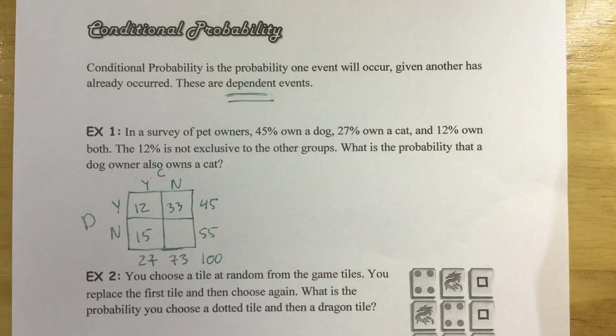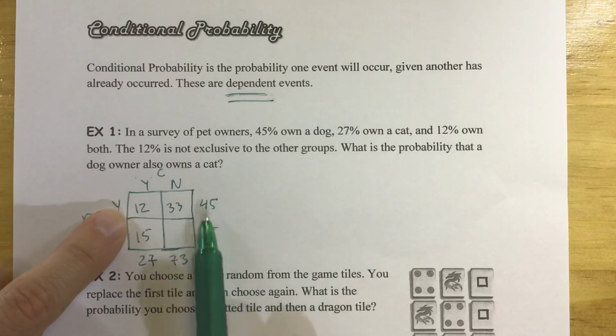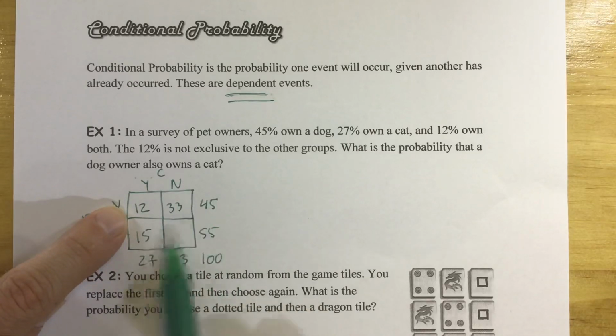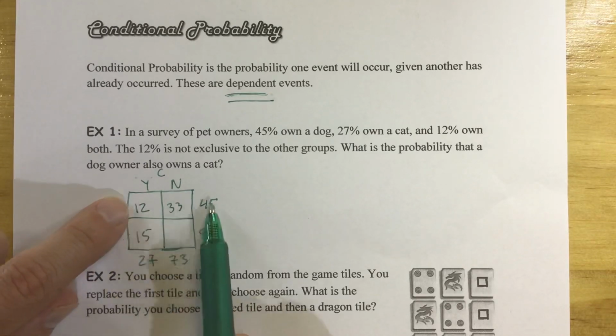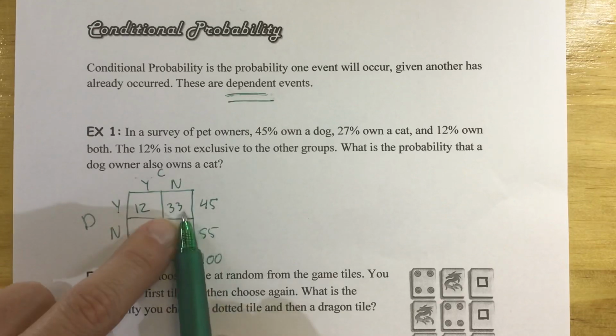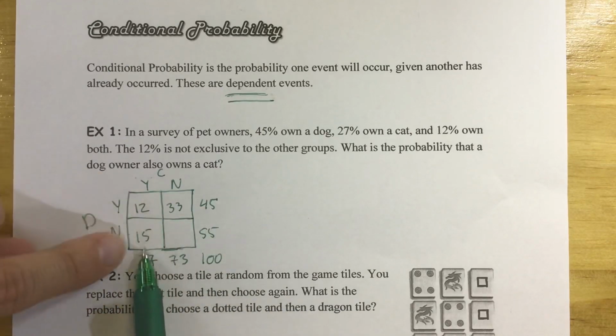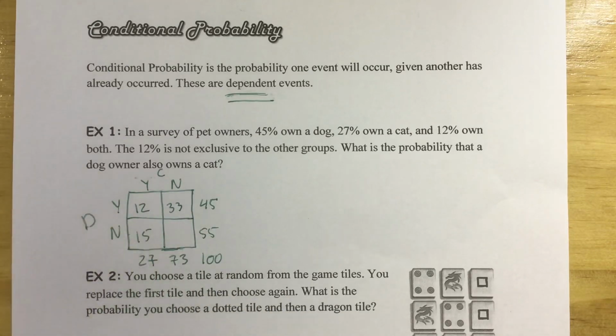15. And here's the part that looks really cool, and I wanted to do it in this order so you'd see this happen here. Remember, I had the 45 and the 27 at the beginning, and I had the 12. So it makes sense that I could subtract these two numbers and get the 33. I can subtract those two numbers and get the 15. It makes sense if it's in the table anyway.